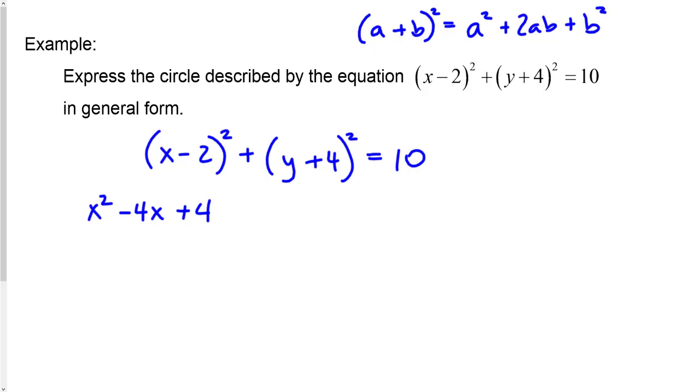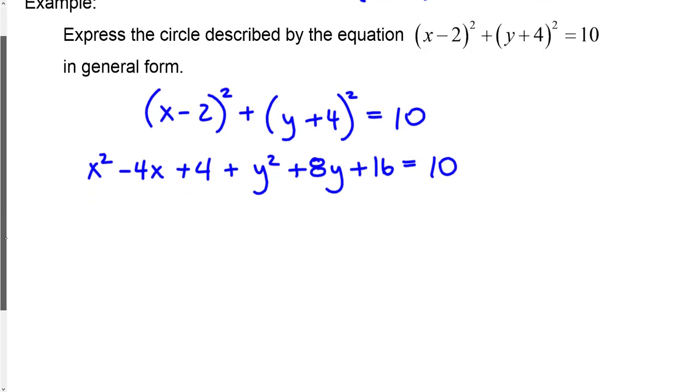And that's what I'm working on to FOIL that out. However, you can always express it as x minus 2 times the quantity x minus 2 and use FOIL and come up with the same result. Similarly, this one becomes y squared plus 8y plus 16 equals 10.